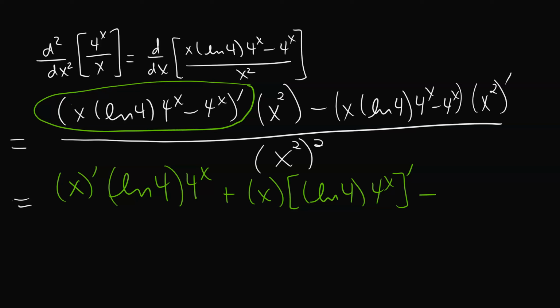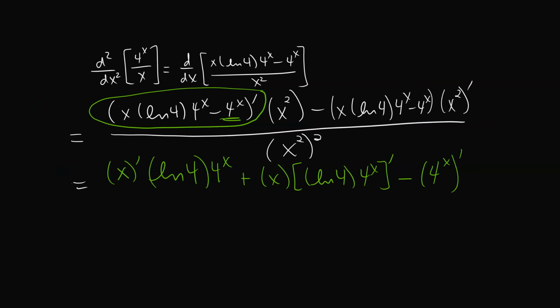And then minus, by our difference rule, the derivative of that second term. Phew, that's just the first piece, okay? And then we multiply all of that by x squared, and we continue.